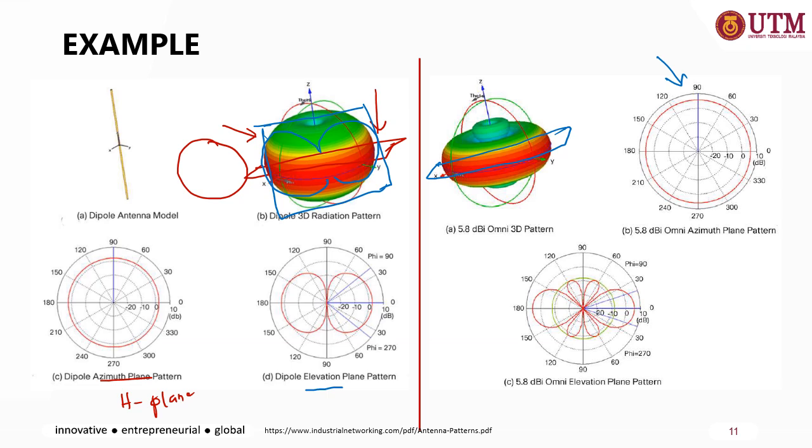But when we cut it vertically here, we may see something like a small loop there, and another small loop at the bottom, and we can see the other two, the front loop and back loop. So we can see something like this in the E-plane.